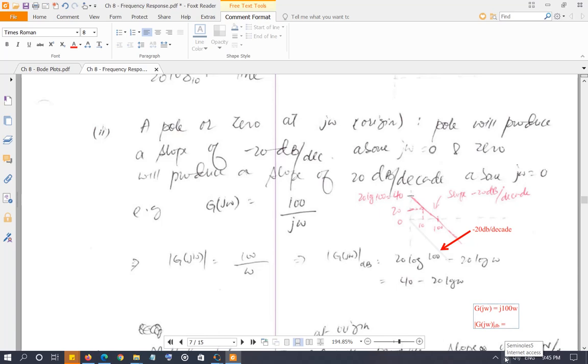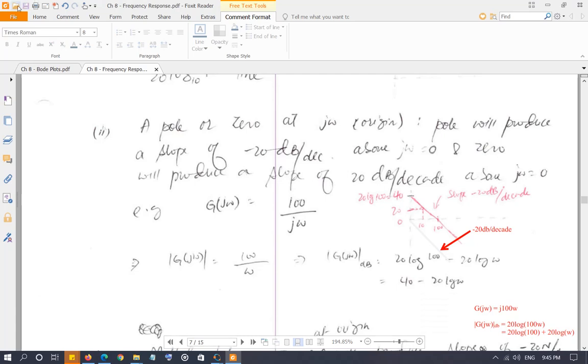Magnitude will be 100 omega. So that's going to be 20 log to the base 10 of 100 omega, which equals 20 log of 100 plus 20 log of omega, right?